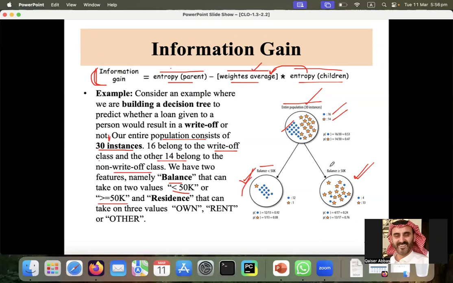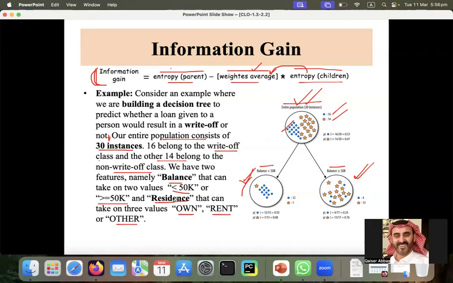And when balance is greater than or equal to 50K, you are seeing this circle here under this root. And then we have another feature called residence. Residence can have three values: own, rent, and other. Own residence, rented residence, or the residence of some other person. These are the three possible values for this feature.